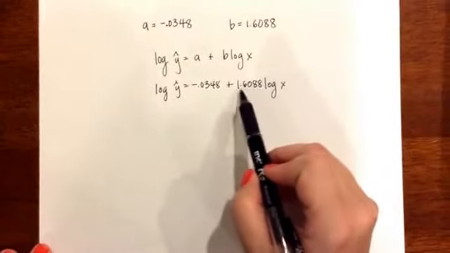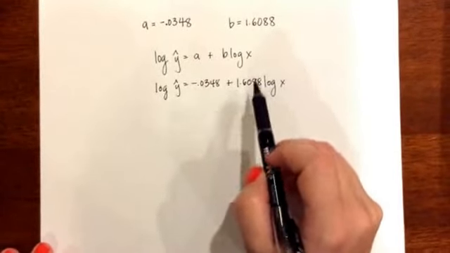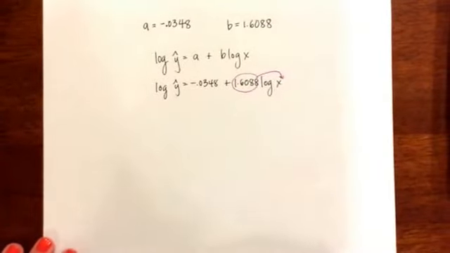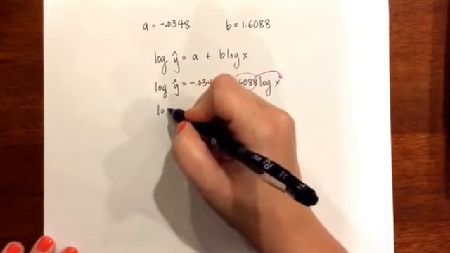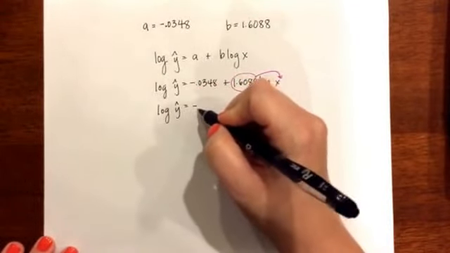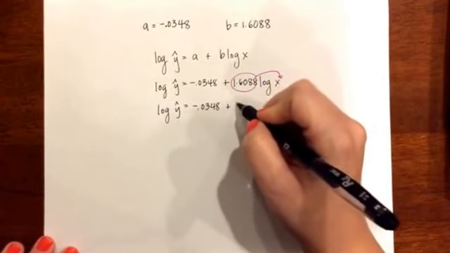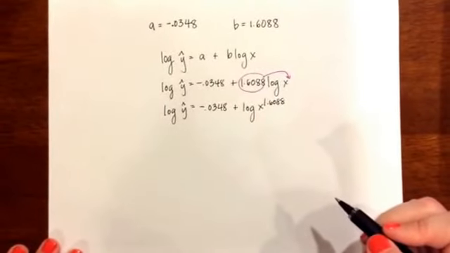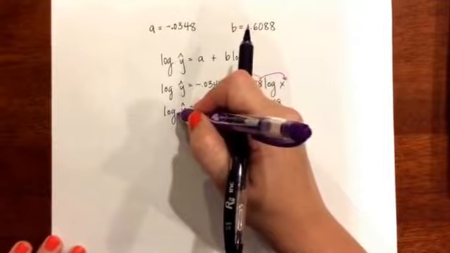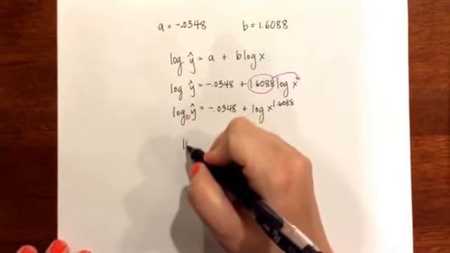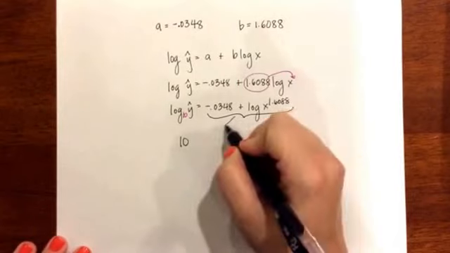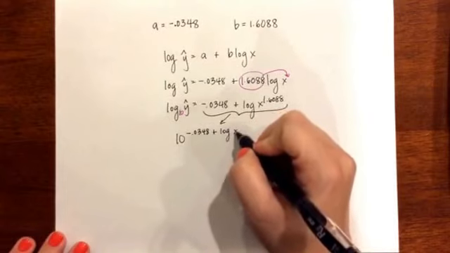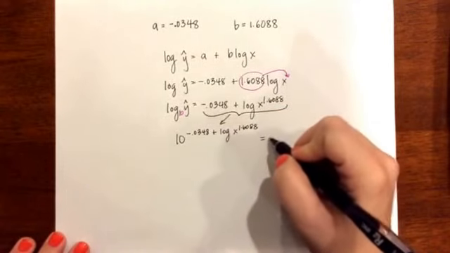All right, and when you have a number in front of a logarithmic function, you can rewrite that as an exponent. So I'm going to do that. All right, and just like before, this is base 10. So I'm going to write 10 to this power is y hat.